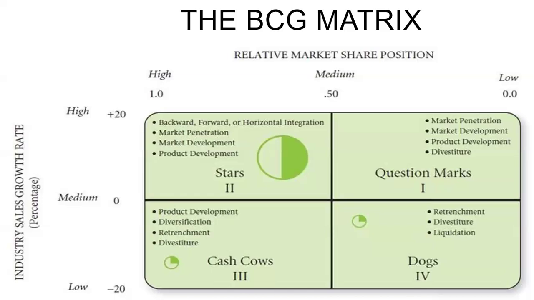And when it happens that way, some of the specific options that are available in order to help the cash cow continue to flourish is to use the product development option, diversification option, retrenchment option, and divestiture option.